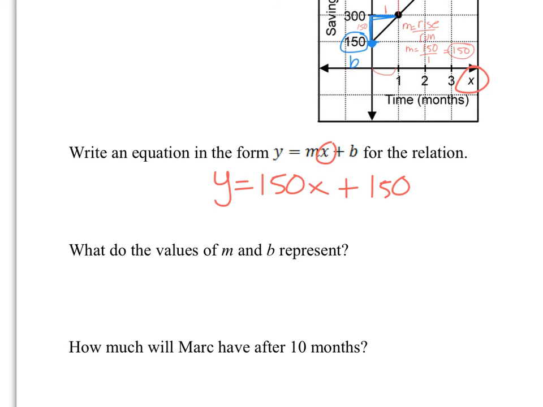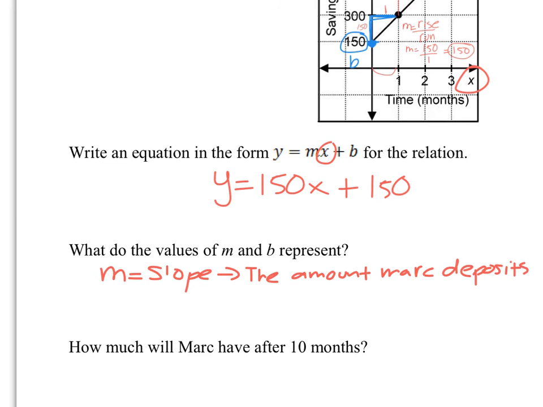Now with this equation, we can solve for the x and the y value depending on what it's asking for. So before we solve for that, let's have a better understanding of what the equation means. The m represents my slope, which in this example is the amount of money that Mark deposits monthly.